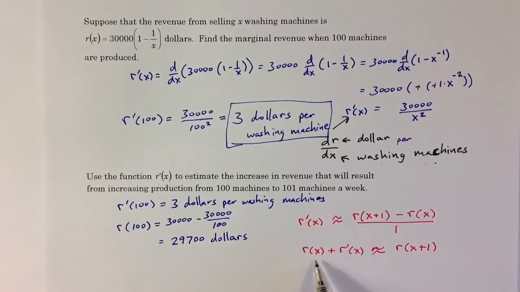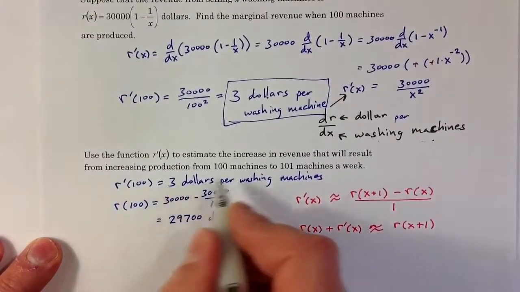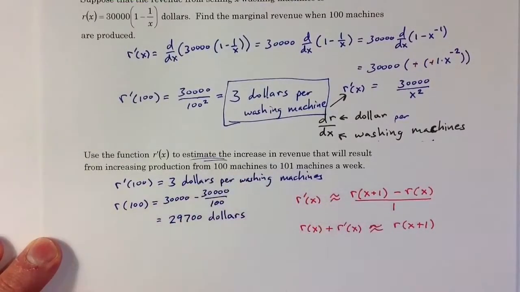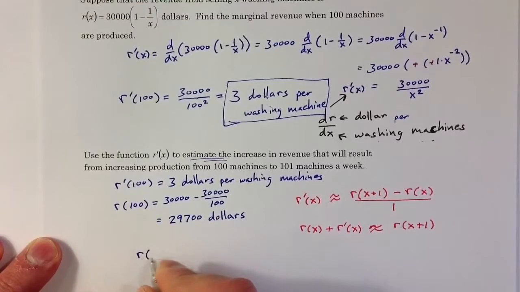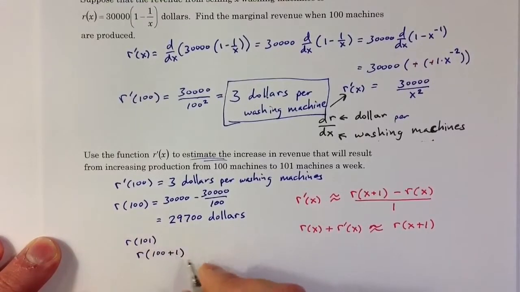So we know r of x and we know r prime of x for 100, and we just figured out what those numbers are. And so the estimation that we're trying to make here is for r of 100 plus 1, we're figuring out the revenue value for 101. I can think of that as 100 plus 1. And so that's this side.